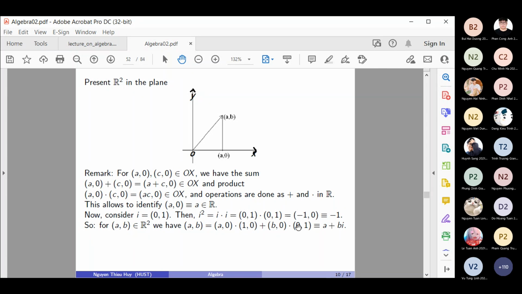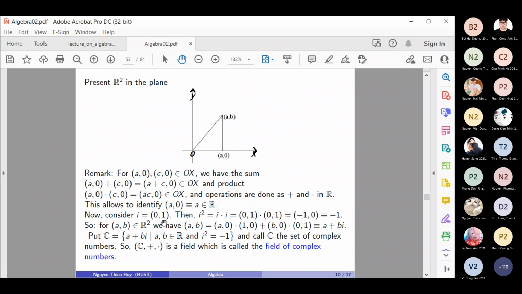And here b, and this (0,1) is i, the number i. And you obtain a plus bi, and you obtain the set.